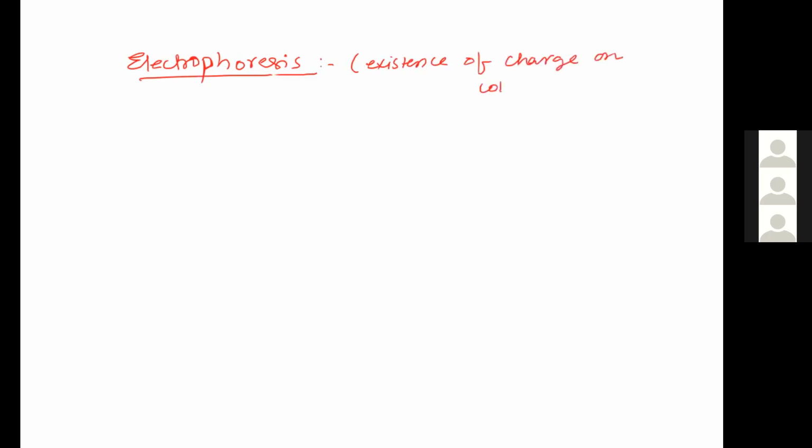This movement of colloidal particles under an applied electrical potential is called electrophoresis. It helps in finding out the existence of charge on colloidal particles.